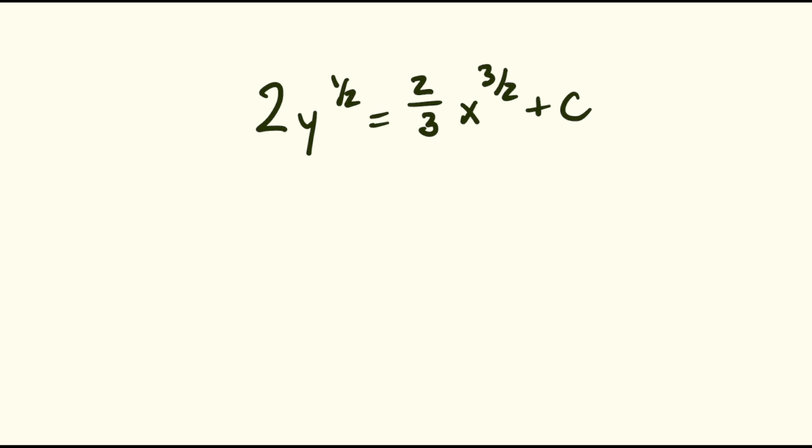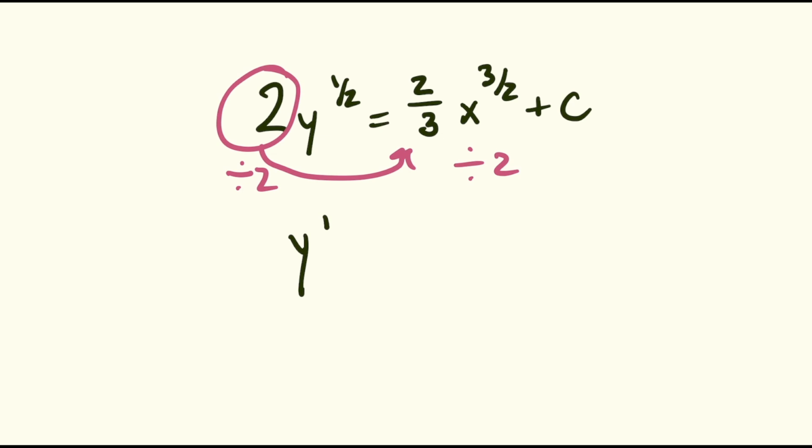Next up, what we're going to do is we want to get that 2 out of the left-hand side because we want to isolate y. We want to solve for y. So we're going to divide both sides by 2, on both our left and right-hand side.